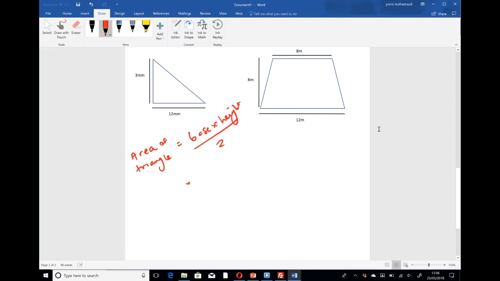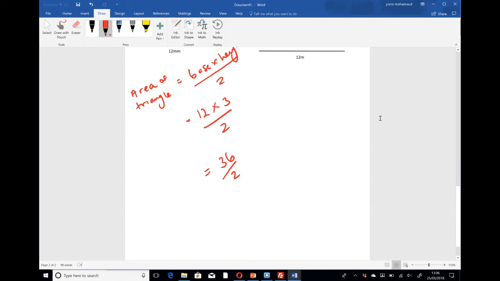The base of this triangle is 12 and the height is 3, and we're going to have to divide that by 2. So the top bit is 12 times 3, which is equal to 36. Divide that by 2, and 36 divided by 2 is equal to 18, and let's add the units, which is millimeters squared.